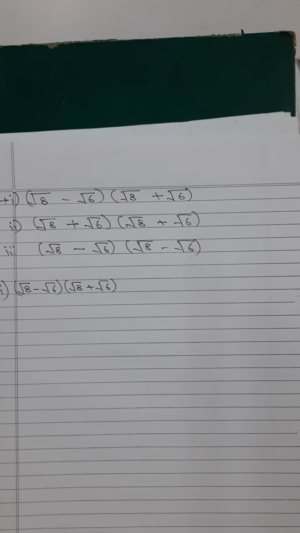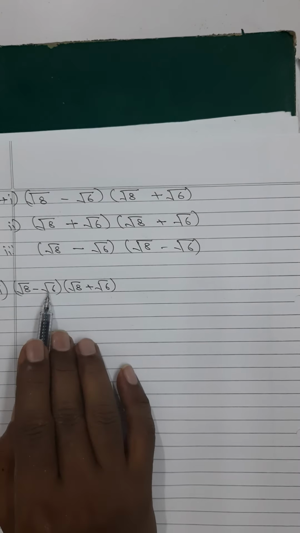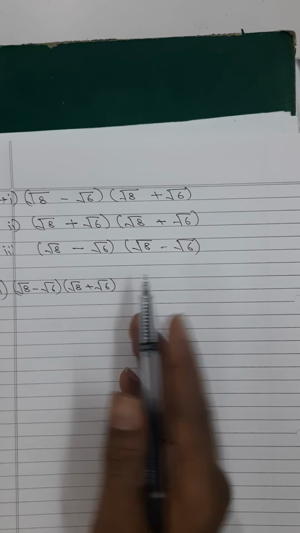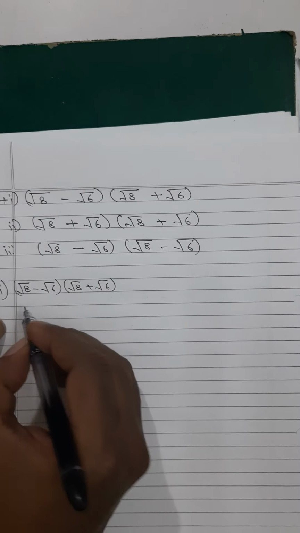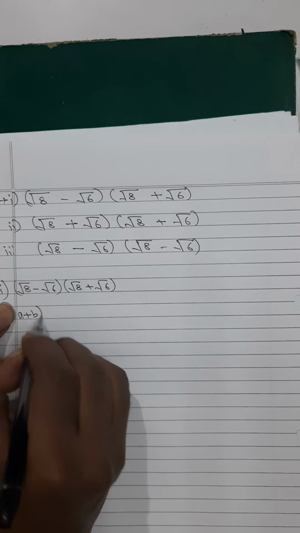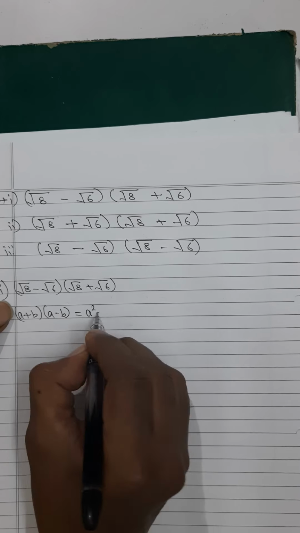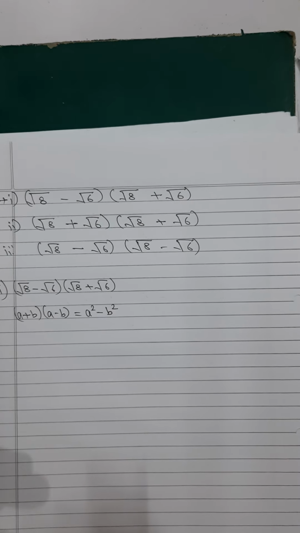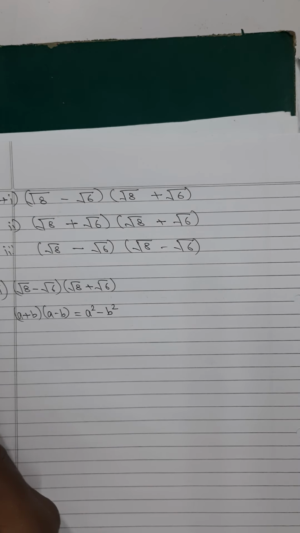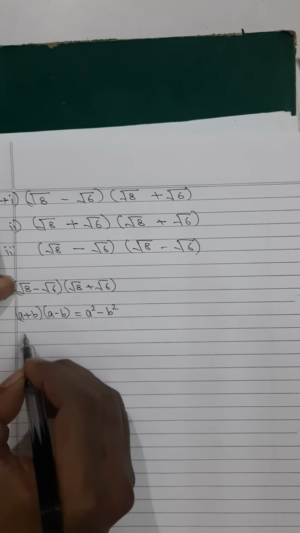Fine. So what will give me this basically is which identity? First term same, second term same, and signs in between are different. So this will give me a plus b into a minus b is equal to what? A square minus b square. Square on the head of the first term minus square on the head of the second term. So this I will get.